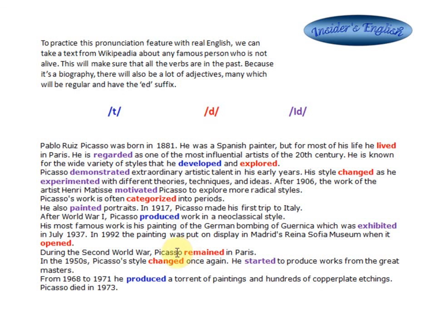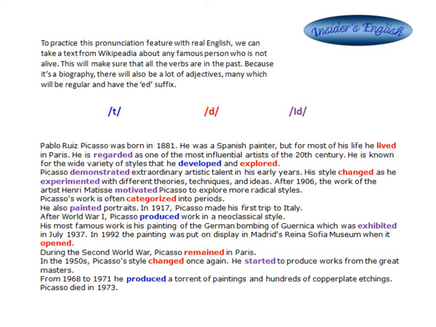Remained. Changed. Regarded. Demonstrated. Experimented. Motivated. Painted. Exhibited. Started.